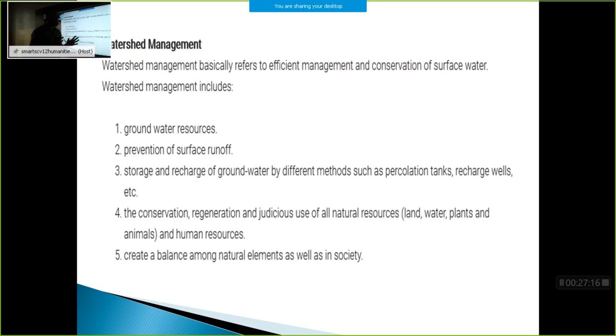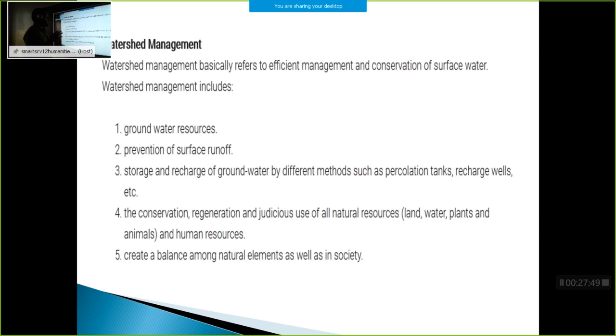So watershed management is a complex thing which has lots of areas of interest. It is not dedicated only to water conservation. It is a huge branch which has its root in conserving land, water, plants, animals and also human resources. Creating a balance between society and nature is also very important.